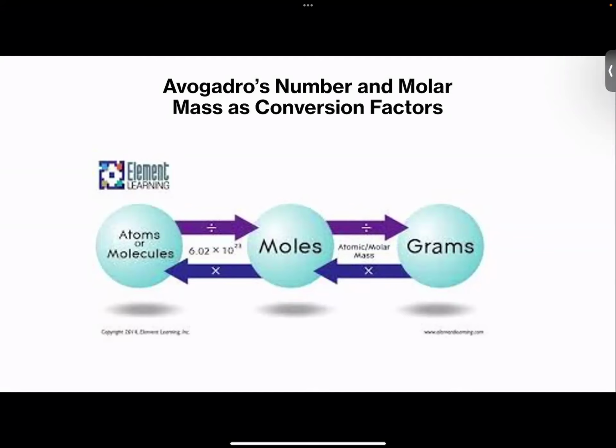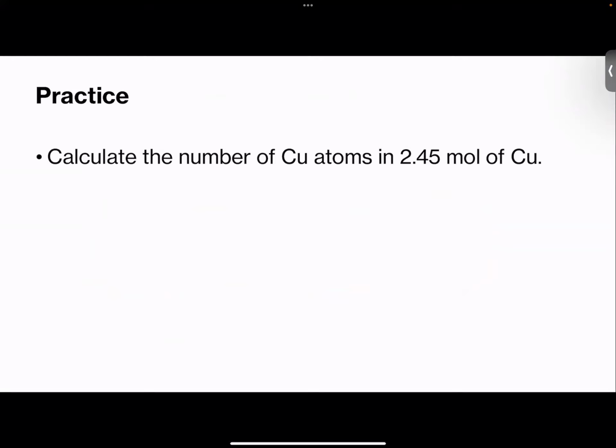So let's see this in action. Calculate the number of copper atoms in 2.45 moles of copper. Okay, I have 2.45 moles of copper, and I want copper atoms.